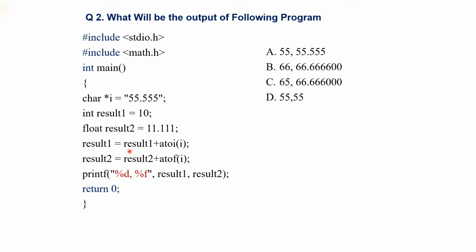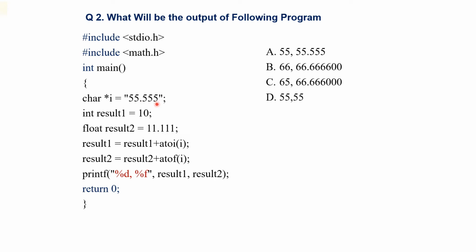Here the value of result1 is 10. So 10 plus, and after that a function is used, which is a2i. This function converts a string constant into an integer type constant. So this a2i will convert the string into an integer. Here the string is 55.555.